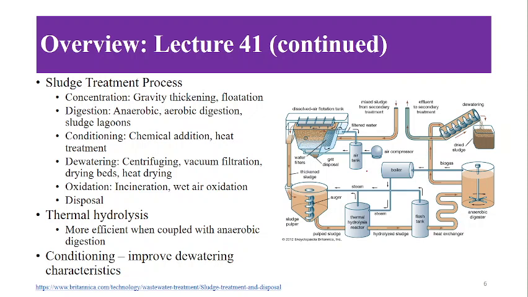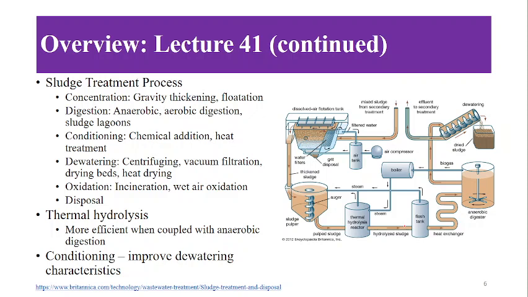In this process flow sheet, we can see that firstly the flotation is done, then the thickened sludge is taken into the sludge pulper, and from there it goes to the thermal hydrolysis reactor. Here the sludge is mixed with steam, and then it is taken into the flash tank.